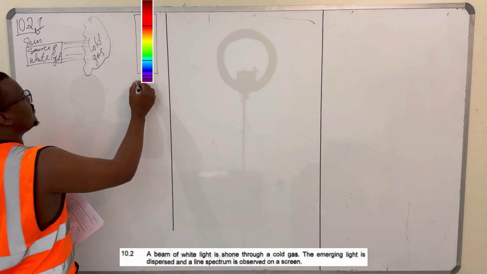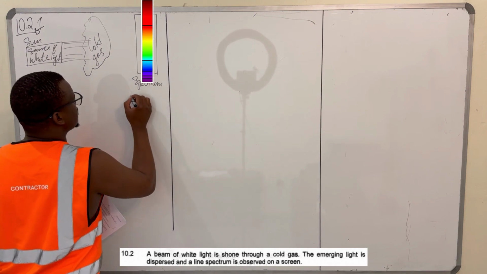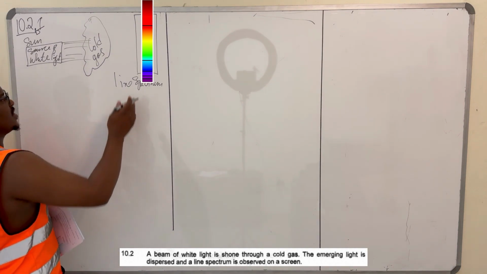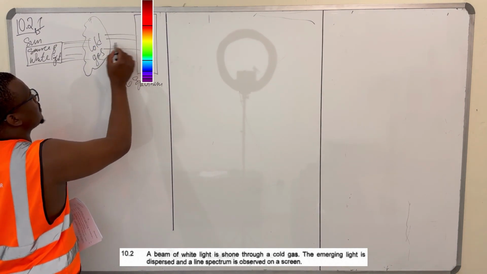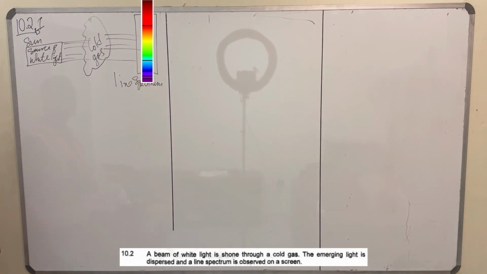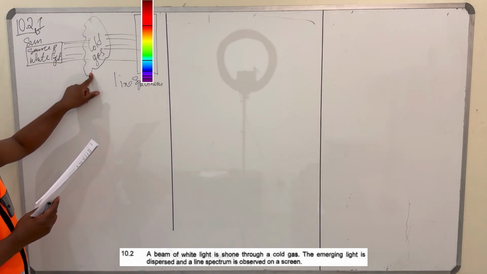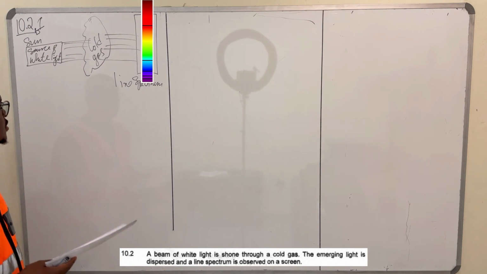So you have your spectrum here, your line spectrum down here, of whatever comes out of it. That's what they are saying: a beam of white light is shone through a cold gas, the emerging light is dispersed and the line spectrum is observed on the screen.